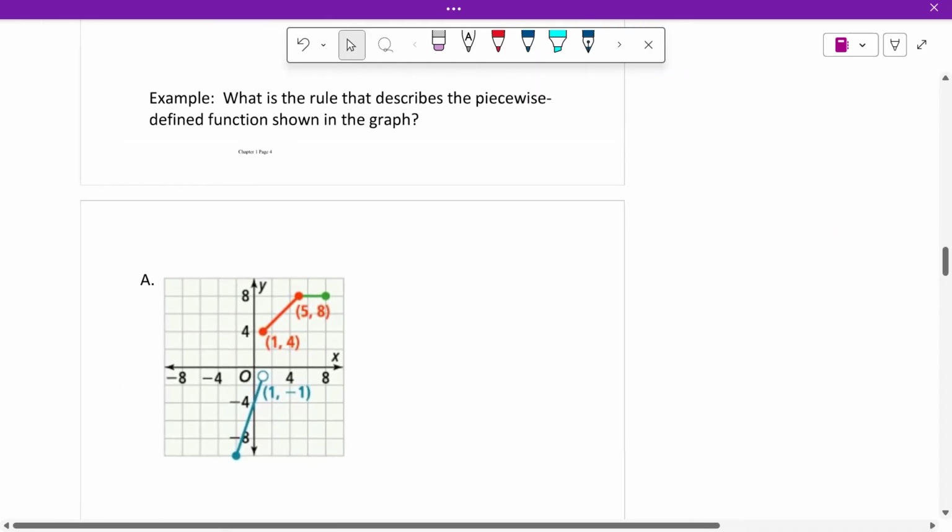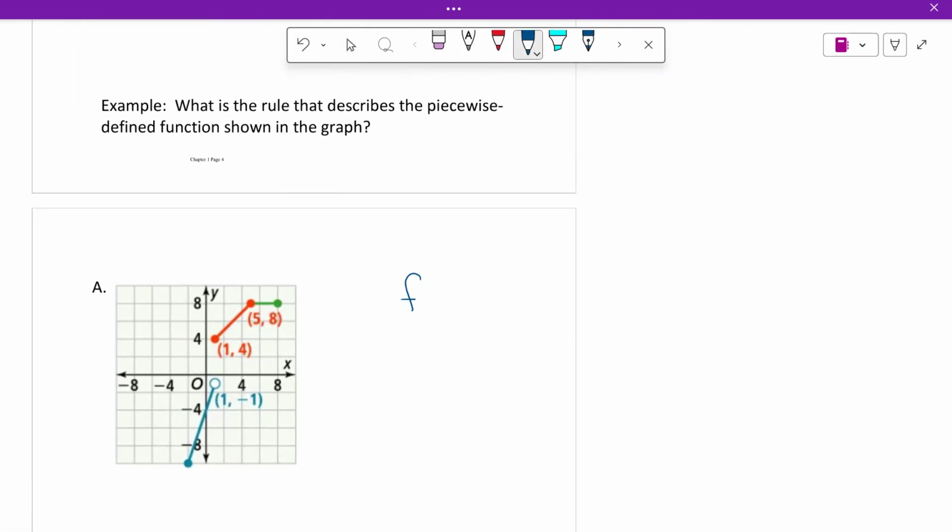So let's do the rules for this piecewise function, f of x. Okay? The blue goes from an x value of -2 to an x value of 1.